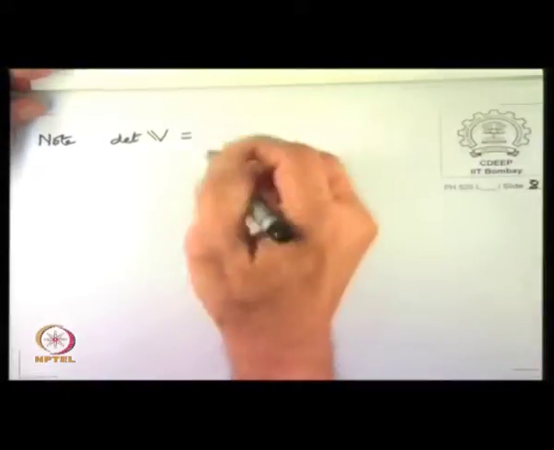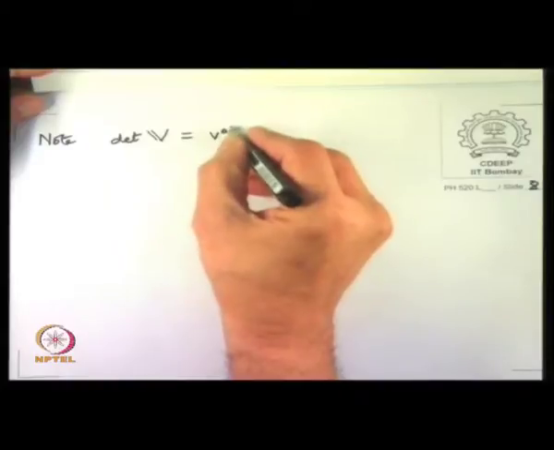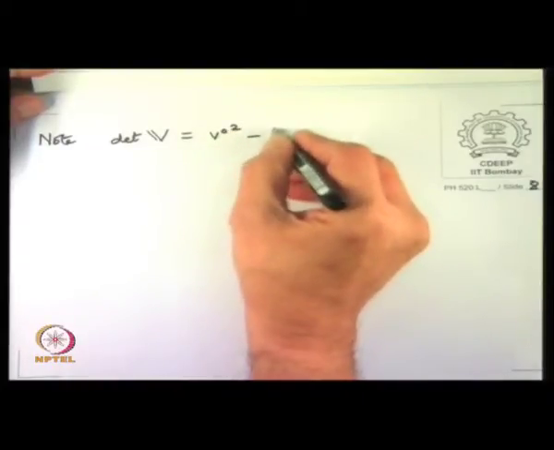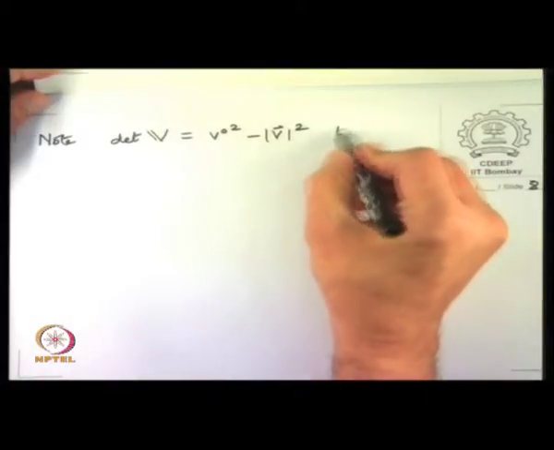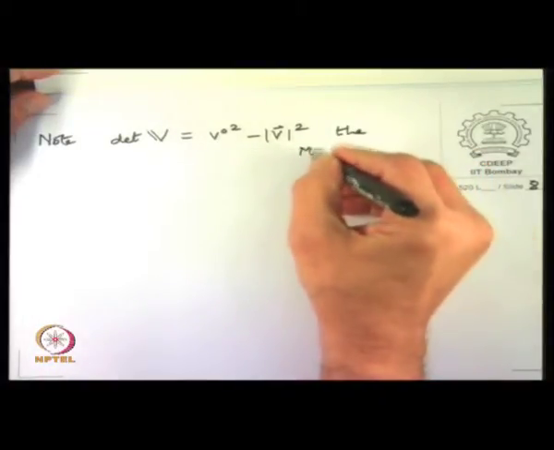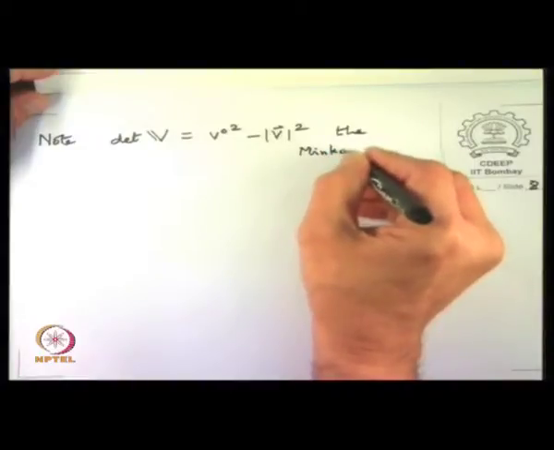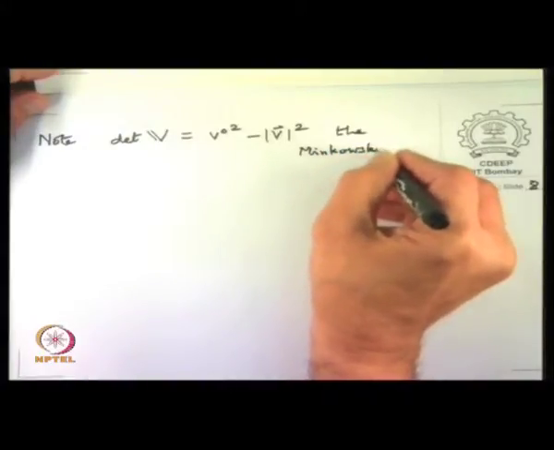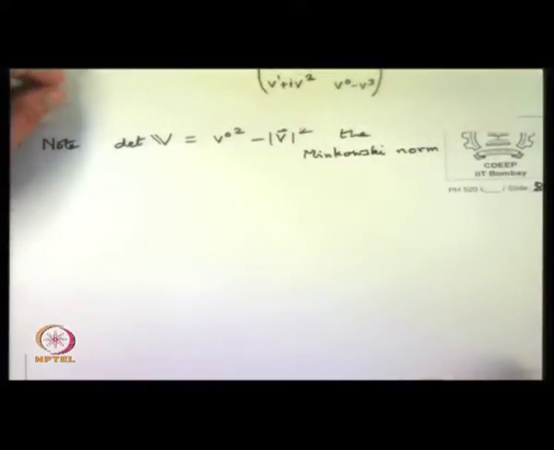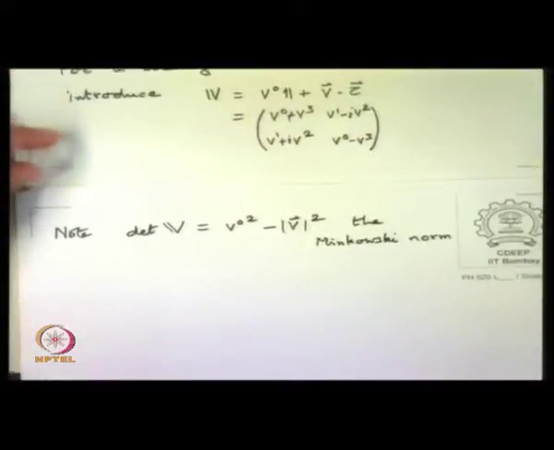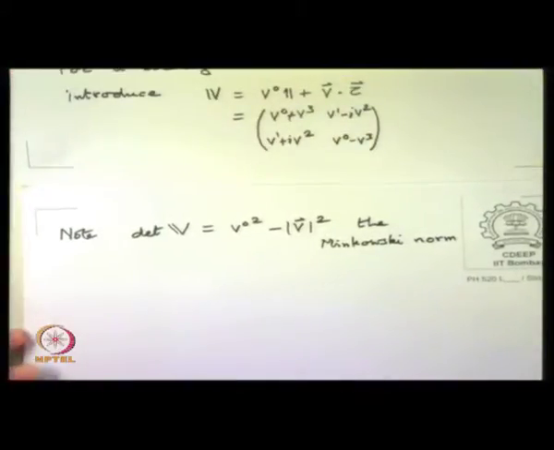So essentially it is equal to V0 squared minus the vector V mod squared, the Minkowski norm. So we can see that this norm would be preserved provided we transform this by a unitary transformation.